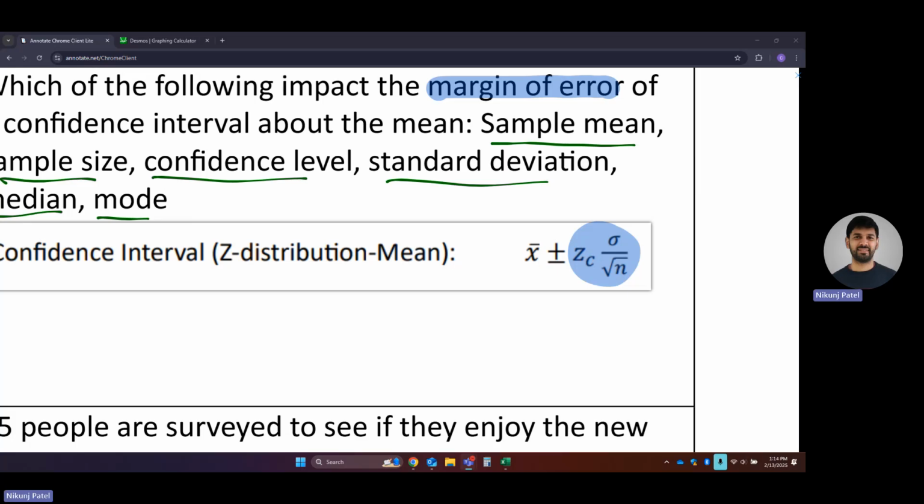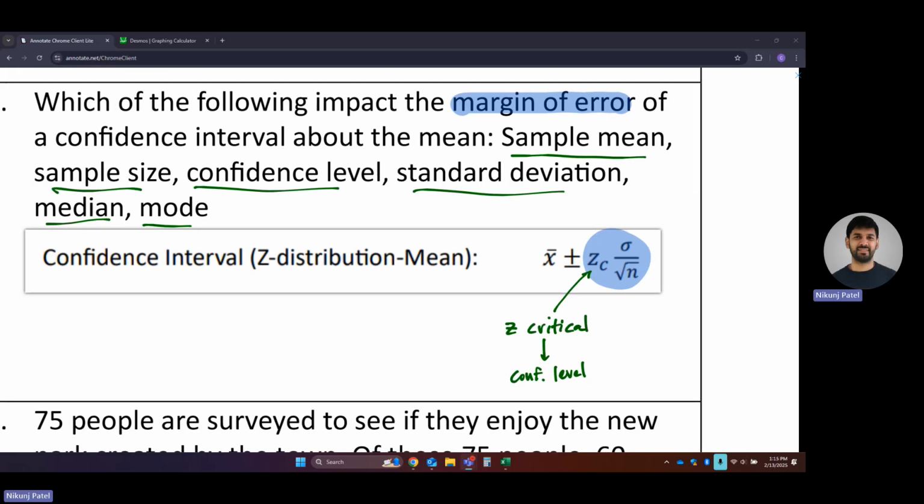So out of all of those, let's name each one of those. That Z with a little c, that's your Z critical value, Z critical, and it's dependent on the level of confidence.